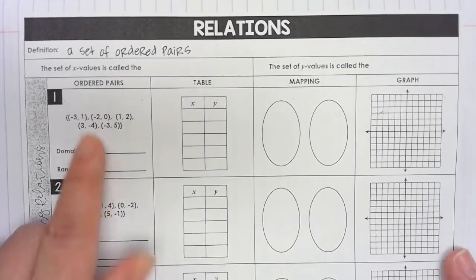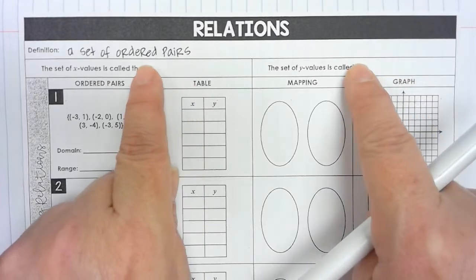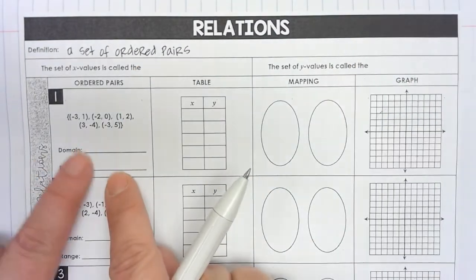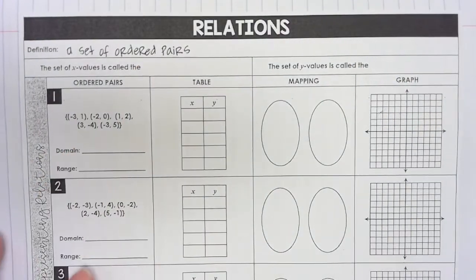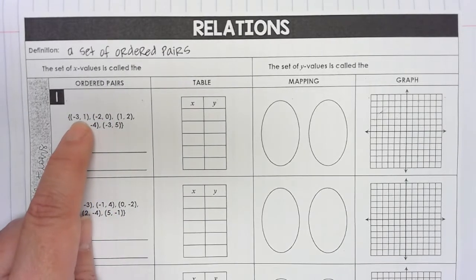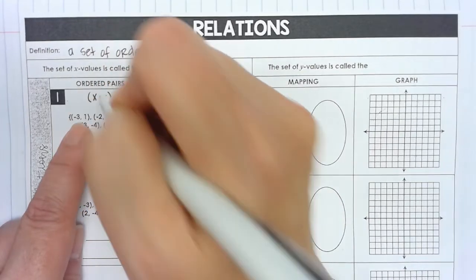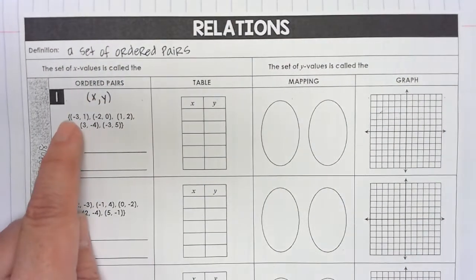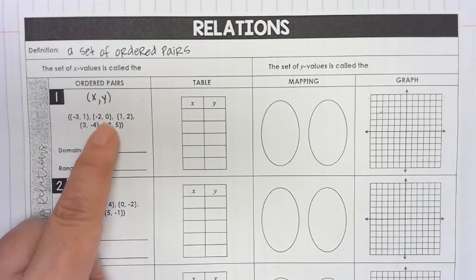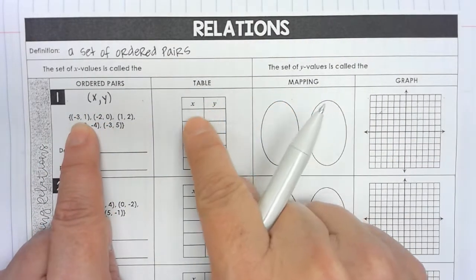Here's our first set of ordered pairs. By the way, we're going to skip where it says domain and range. We'll come back to that later. Remember that in any set of ordered pairs, the first number is X and the second number is Y. To put them in a table, you just take the 2 numbers and write them next to each other.